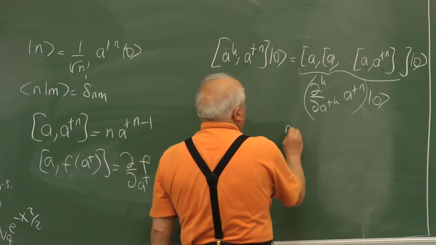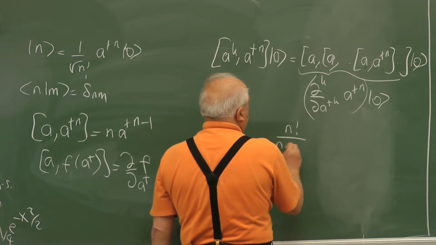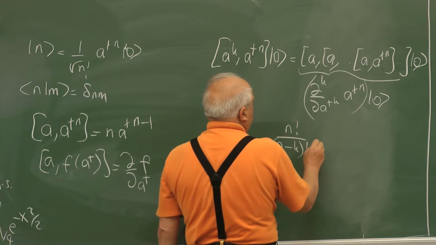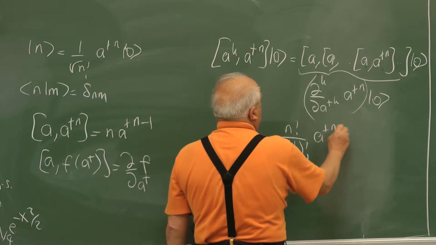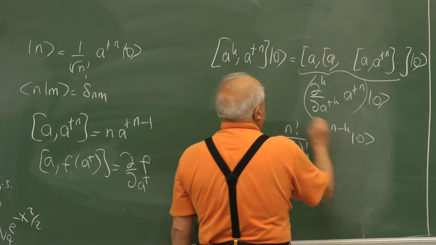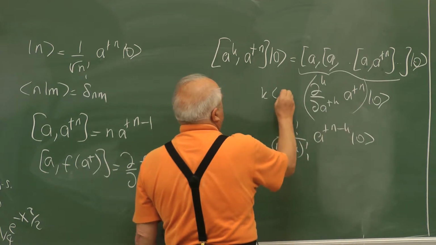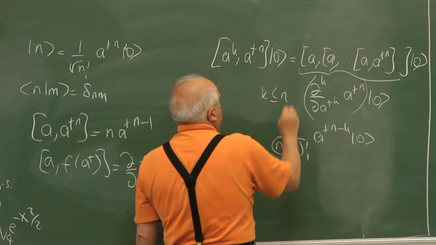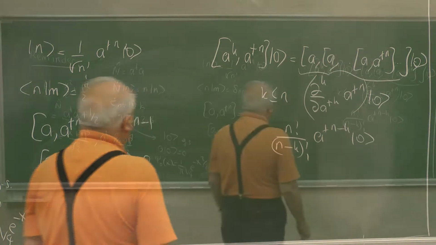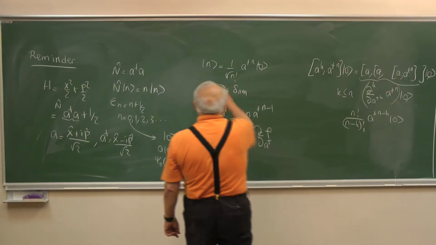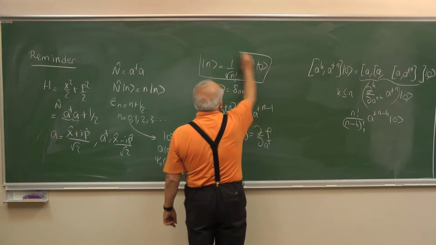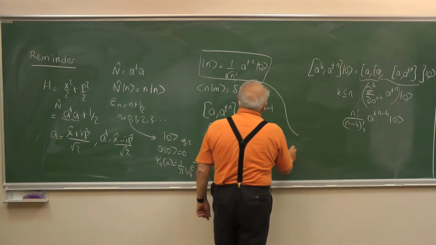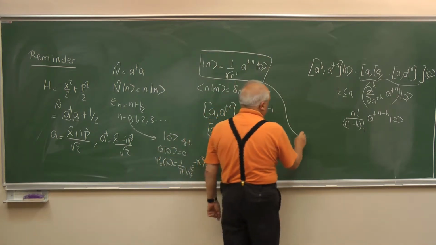So it is n factorial divided by n minus k factorial, a dagger to the n minus k on |0>, where we assumed k is smaller than or equal to n. Then we took this form.